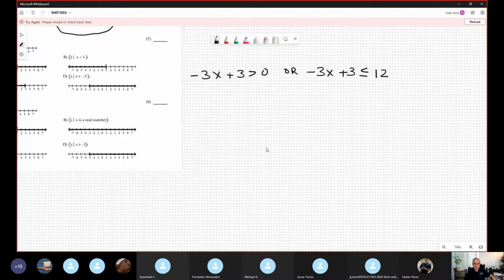I manipulate the first inequality: minus 3x greater than minus 3. I move the 3 to the right hand side with the opposite sign. Divided by minus 3. Be careful when you divide an inequality by a negative number, you reverse it. This is x only. This is now less than 1.